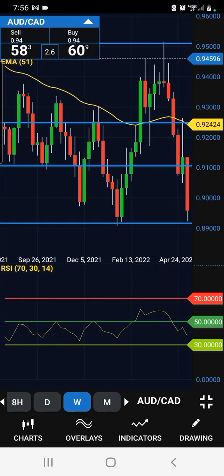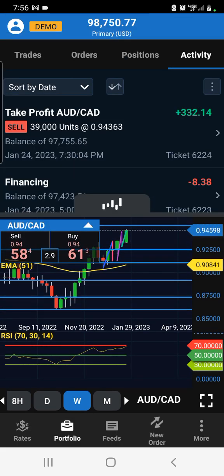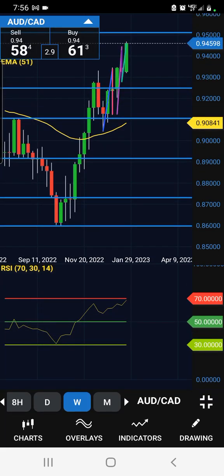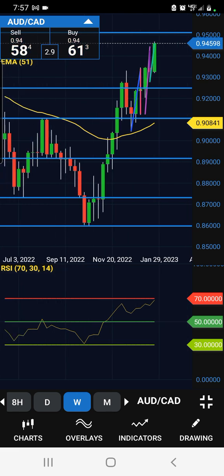So as you look at the weekly time frame for the AUD CAD currency pair, you see that I have my support and resistance lines, some, if not all of them, already drawn in.